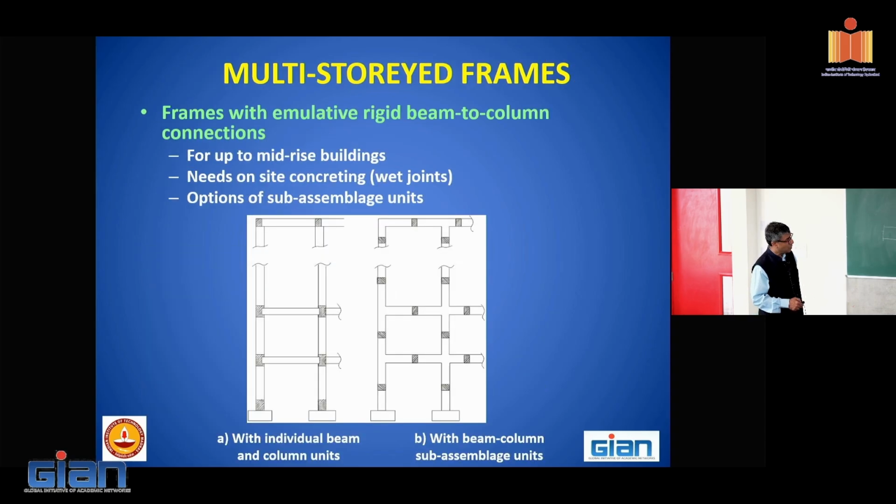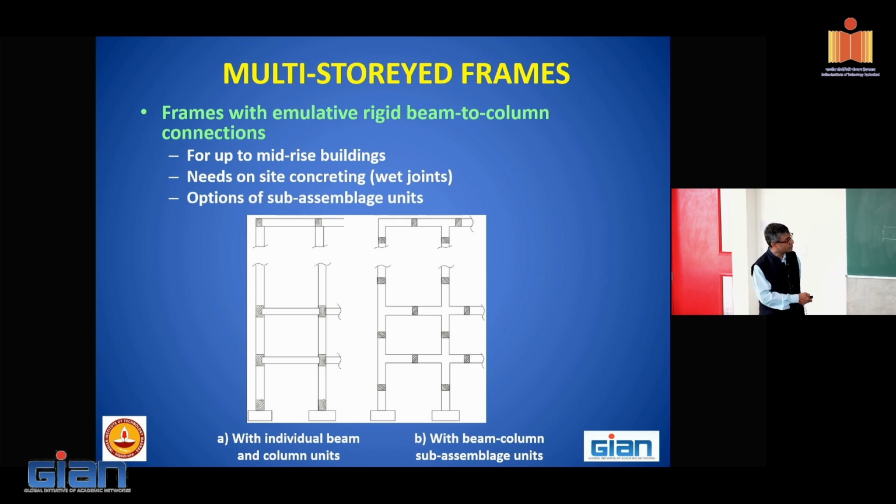Now, whenever I am going for multi-storied buildings, of course the demand increases, the earthquake forces. How do I generate the lateral load resistance? In a frame, we know the basic requirement is the rigidity of the beam column joints.